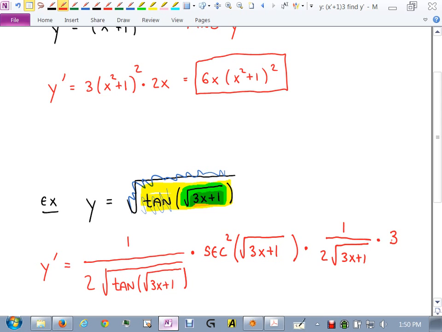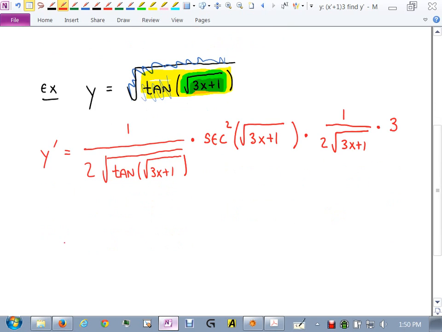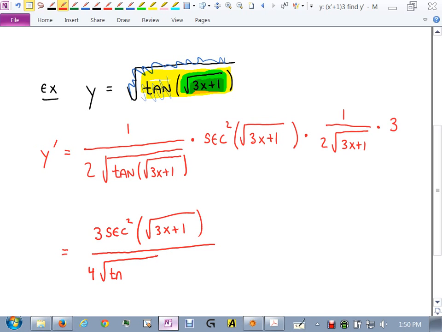Now, we'd have to clean it up. Nah, forget that. Leave that for someone else. But you would want to at least put it all into one fraction. So let's get the numerators together here. This is in the numerator, and there's a 3 up there. So I could put 3 secant squared square root 3x plus 1 all over 4 square root tan of the square root of 3x plus 1.